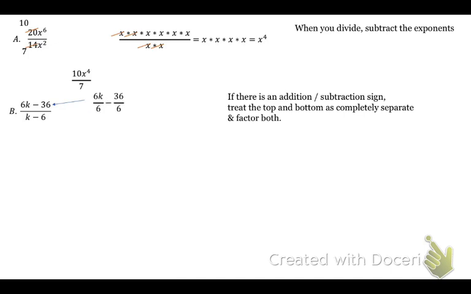So a 6 can be divided out of both of those, and I'm left with 6 times k minus 6. The bottom can't factor, so that's just 6 times k minus 6 over k minus 6. Those k minus 6's are exactly the same, so they can cancel out, and I'm just left with 6.